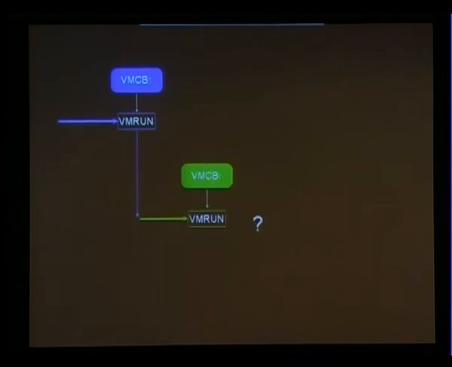But what happens if the guest attempts to run a VMrun instruction? So basically, what happens when the hypervisor has a guest that wants to be a hypervisor too? And this new VMrun instruction that the guest runs has its own argument, and it points to some other VM control block, which we will call VMCB1.